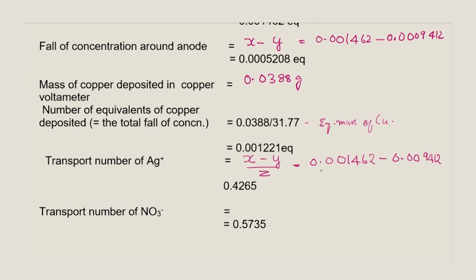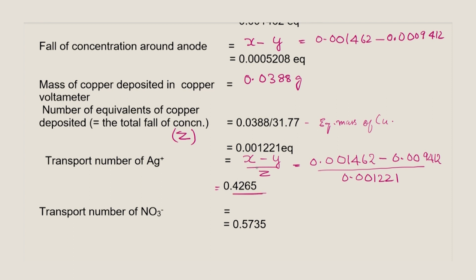Now, what is Z? Z is total fall in concentration, and that is given by number of equivalents of copper deposited, and that is equal to 0.001221, and by solving you will get the answer equals 0.4265, and this is the transport number of silver ion.